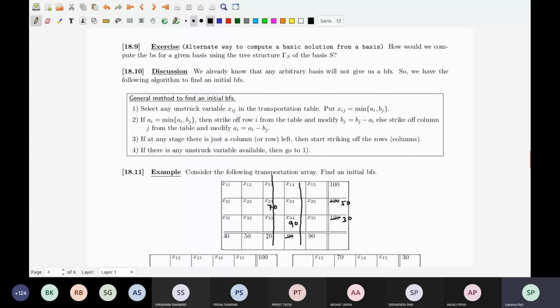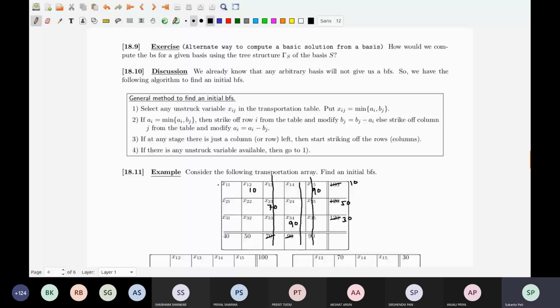For example, I give 90 over here, so that means 10 remaining, so that this one also goes. Okay, because this is 10 remaining, I give 10 to this one, so then this thing goes, and this one becomes 40.